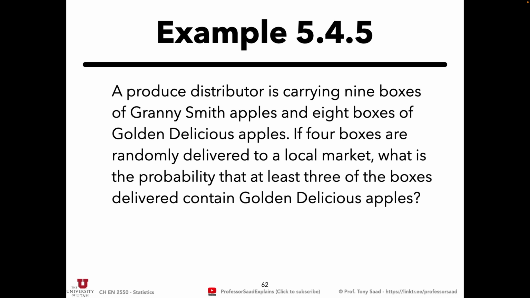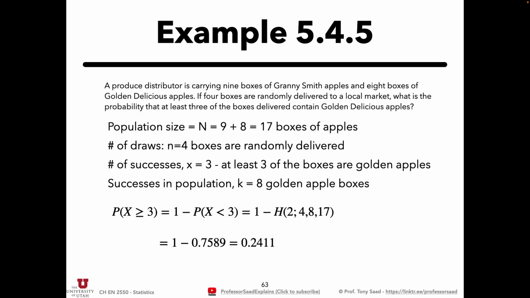Now, what's the probability of getting at least 3 boxes? That means x greater than or equal to 3. What's the probability that x is greater than or equal to 3 successes? So you run through the numbers to figure out what the population is. Population: 17 total boxes of apples. We're picking 4 boxes at random, so lowercase n is 4.